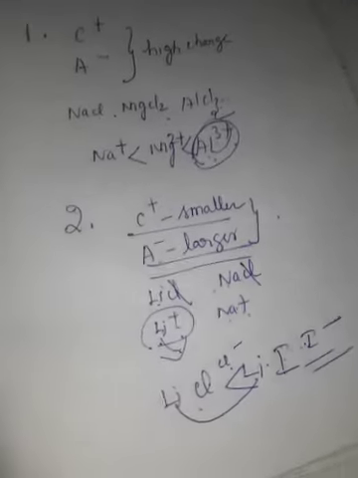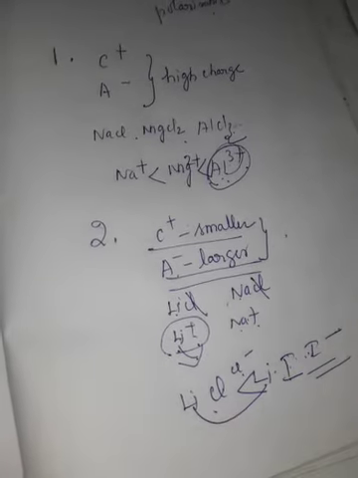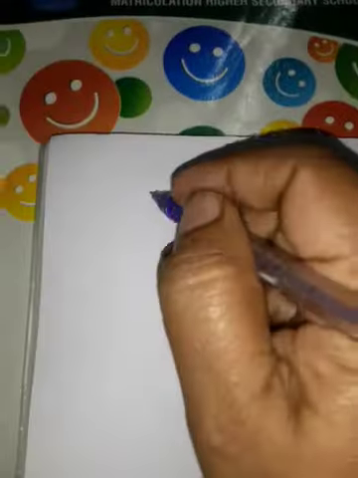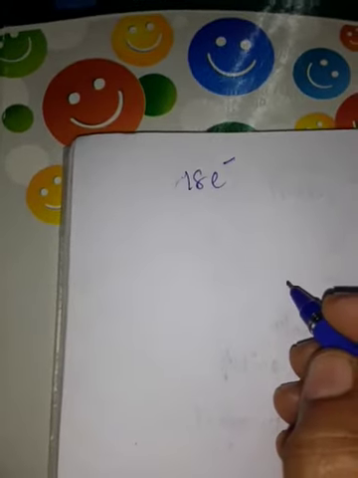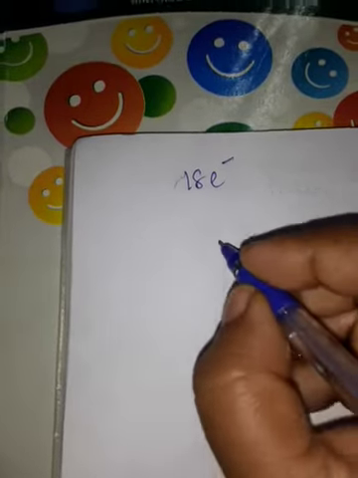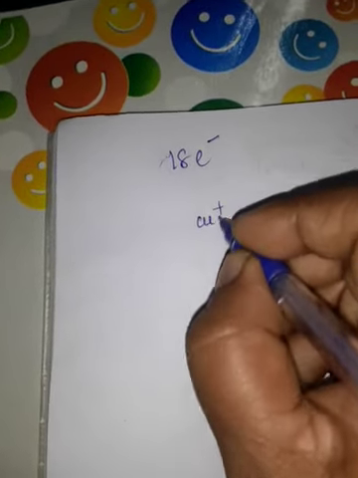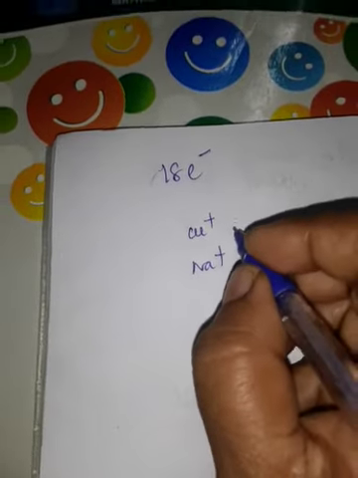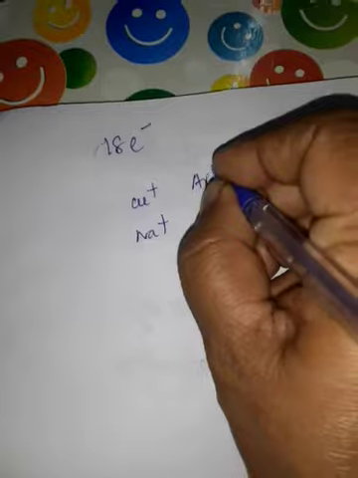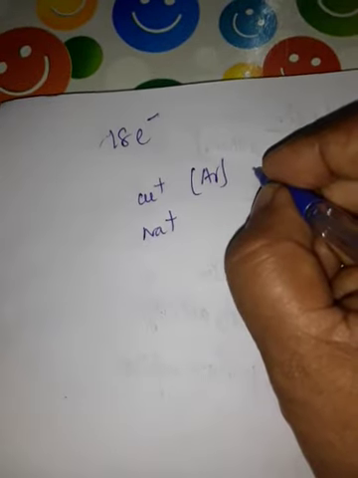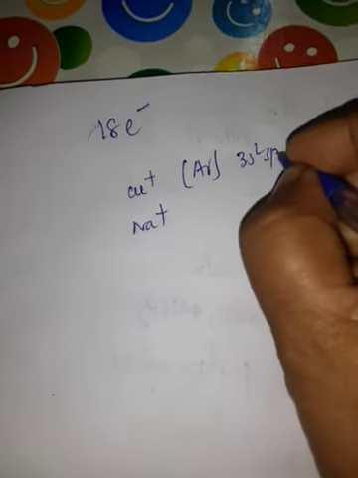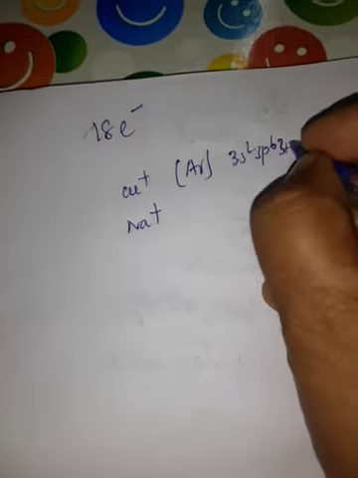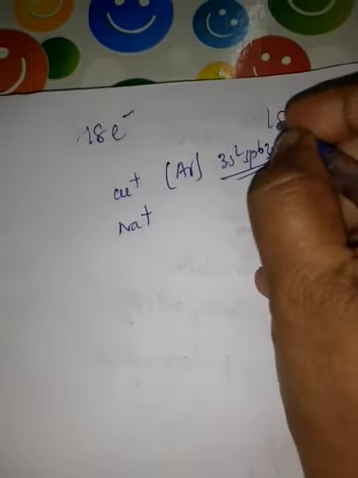Rule 3: if the cation has a pseudo-noble gas configuration, meaning 18 electrons in the outermost shell, it shows greater covalent character. For example, take Cu plus and Na plus. The electronic configuration of Cu plus is the argon configuration, 3s2 3p6 3d10, 18 electrons.